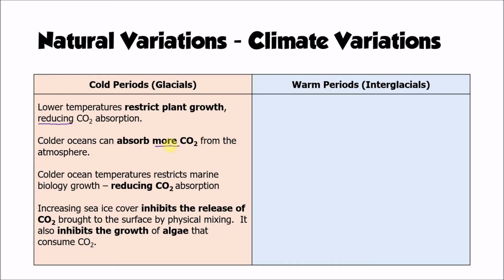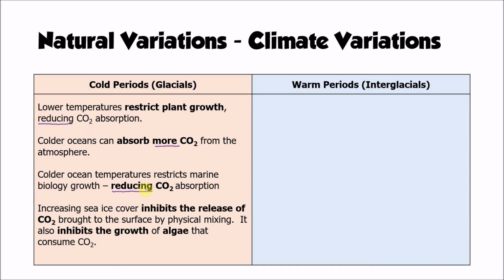On the other hand, within the ocean, as the ocean temperatures get colder, any marine organisms living within the ocean, plankton for example, that photosynthesize, just like the plants on the land, don't photosynthesize as readily when the temperatures are colder. The same happens in the oceans. So the oceans might absorb more carbon dioxide directly from the atmosphere, but organisms within the ocean might actually photosynthesize less.